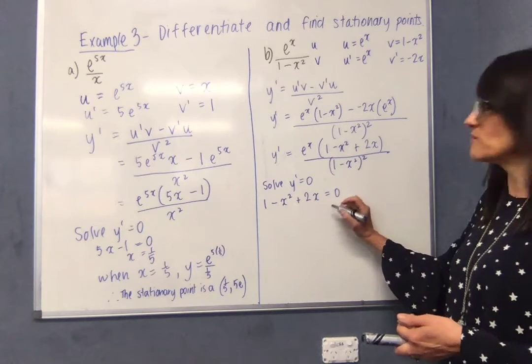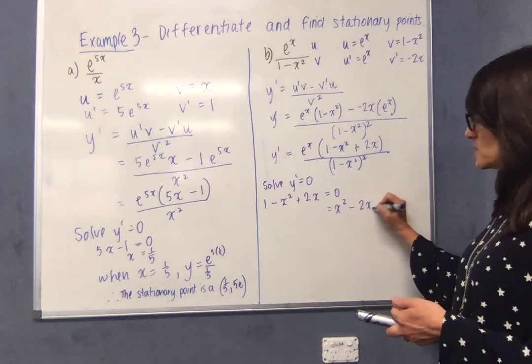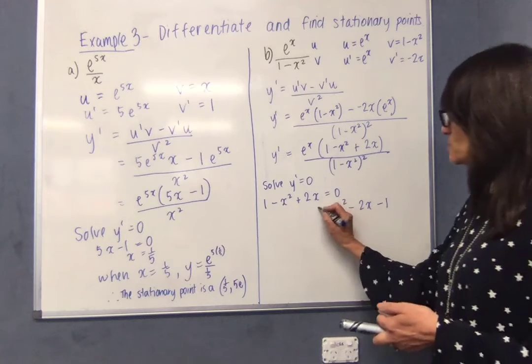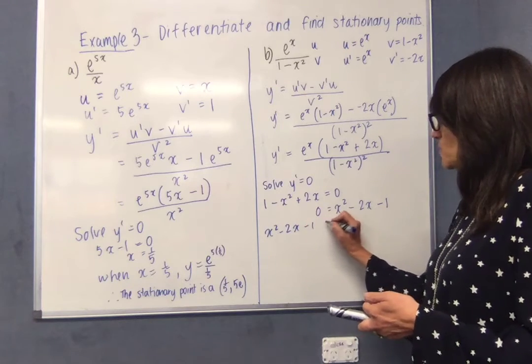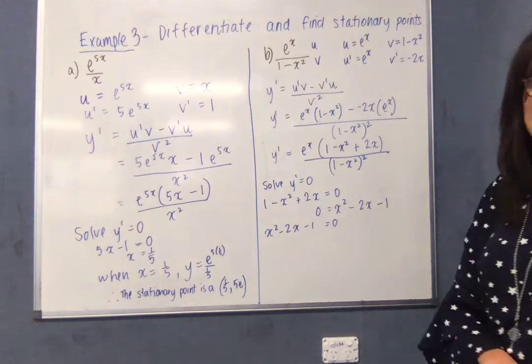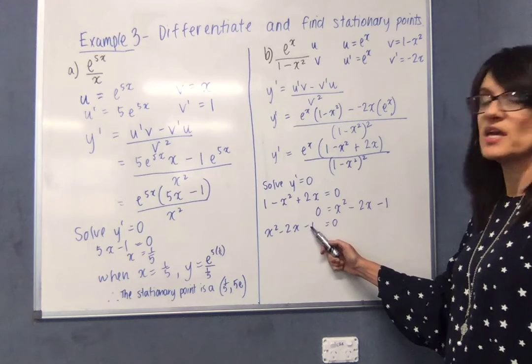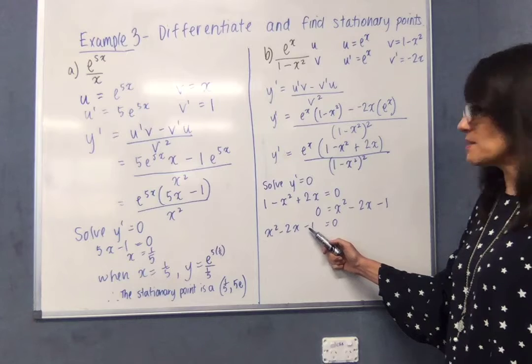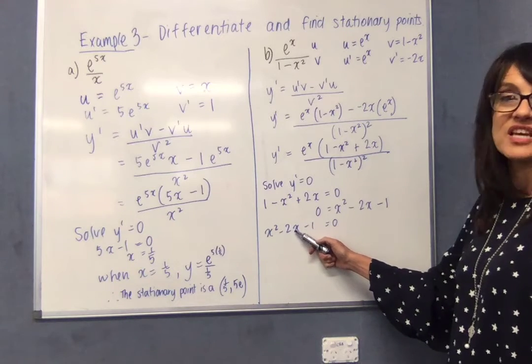I know many of you like working with positive x squared, so let's rearrange this. So we end up with this result. So x squared minus 2x minus 1 equals 0. And our first default will be to see if we can factorize. Are there any two numbers that multiply together to give us negative 1, that add together to give us negative 2?